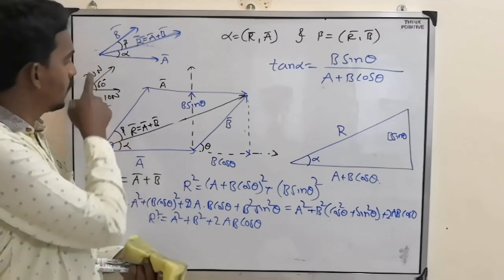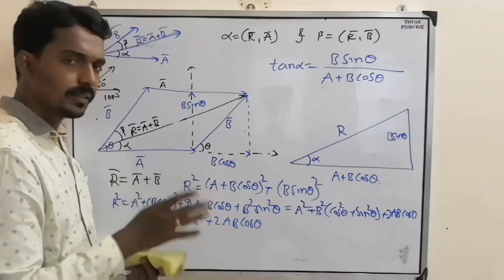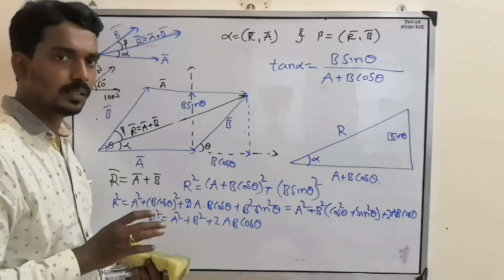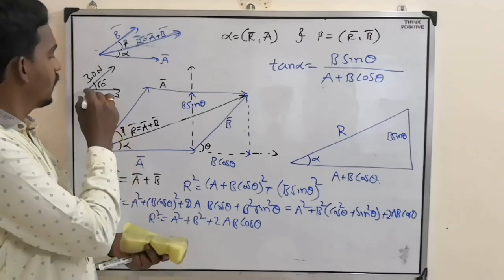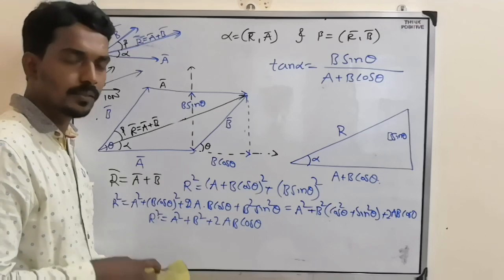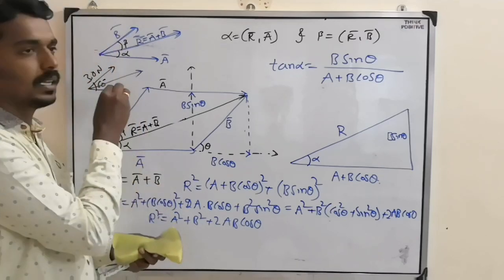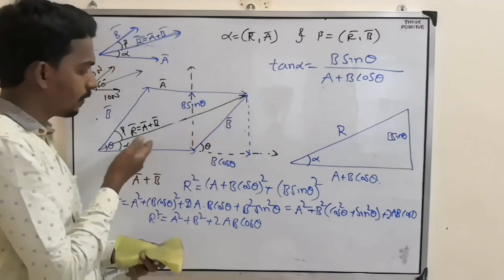A is 10, B is 30, or A is 30, B is 10, your wish. But if they ask what is the angle made by their resultant, suppose with 30, when they ask with 30, then consider A as 30, because you know the formula for A.